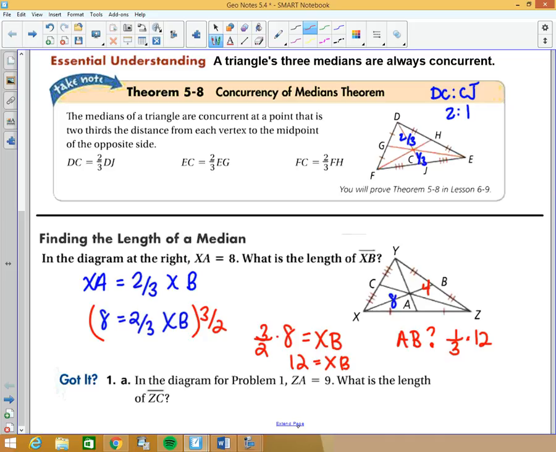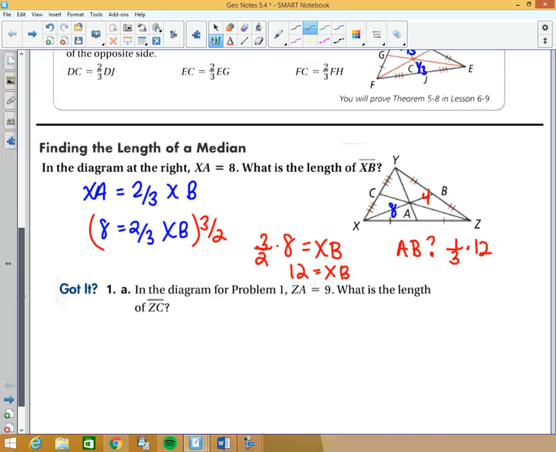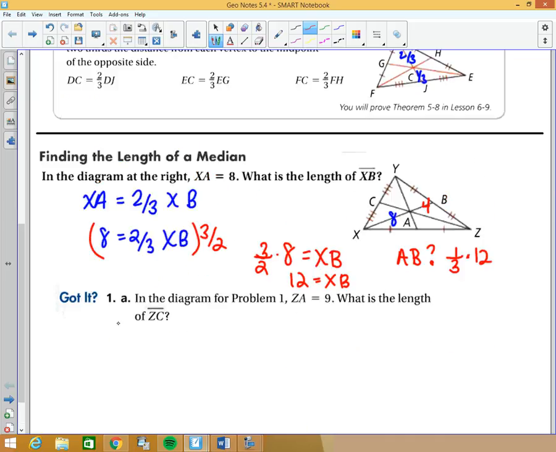So go ahead and try to find the length of ZC if ZA equals 9. I'll pause for a minute for you to do so. You probably said that ZA, noticing it is 2/3 also, is equal to 2/3 of ZC. So 9 is equal to 2/3 of ZC.